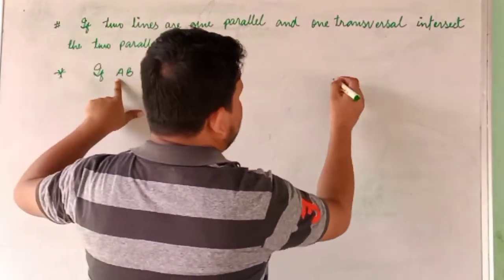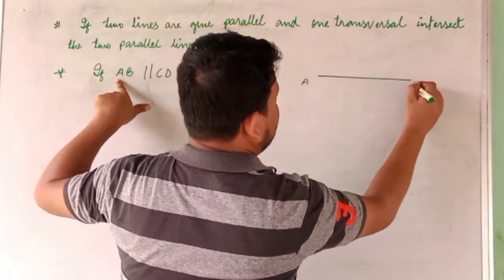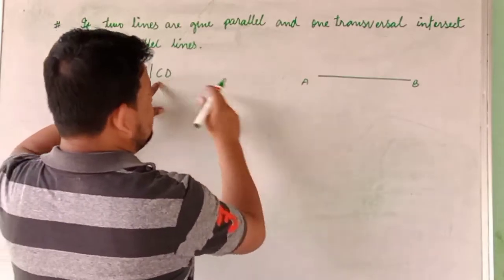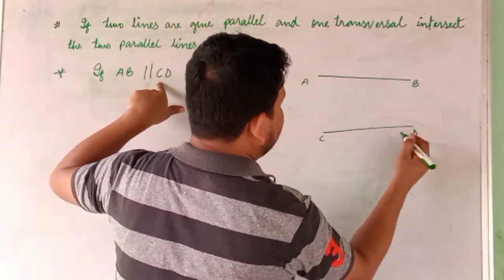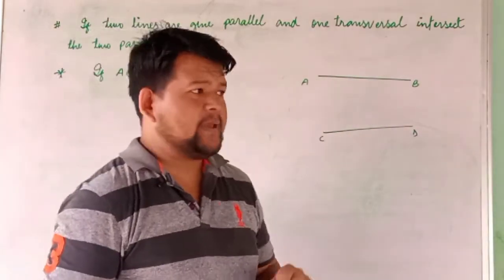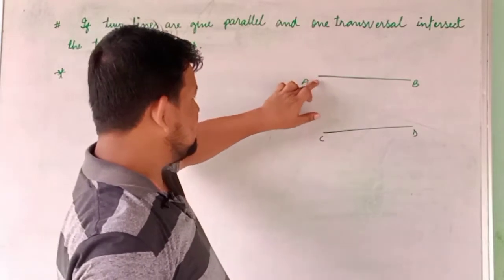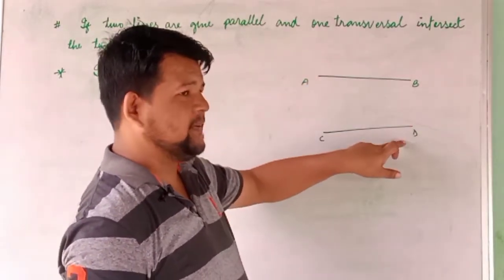For example, let me draw here: this line AB, and CD is also somewhere else, one line. Suppose these two lines are parallel lines. So what is the meaning of parallel lines? Parallel lines mean the distance between A and C and between B and D will be the same.